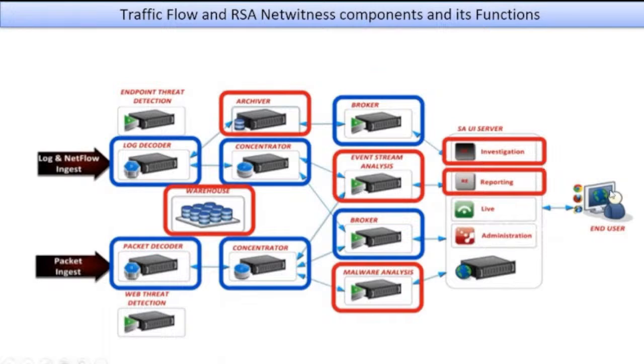In the end, we have a UI, which is the head of all these components. We have one server where we can log in, and in the UI we can define all these things. We can check the status and health of all these appliances. We can do reporting. We can deploy live rules, which are the automatic rules available in the RSA portal that you can download from there. We can do all the admin level tasks. Everything happens here.